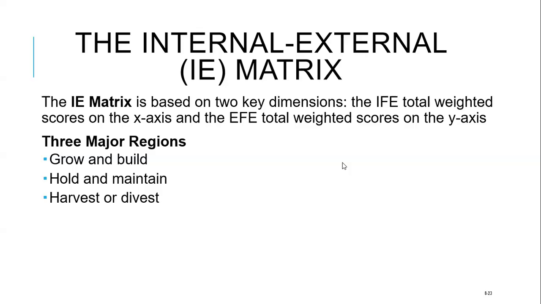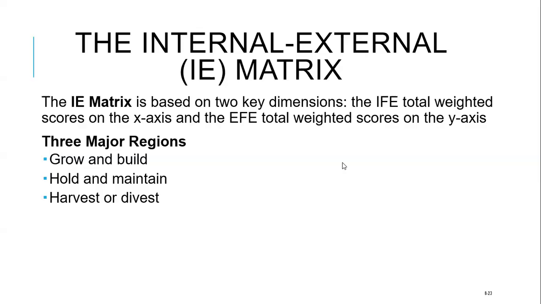So if you are labeled under the grow or build region, it means that your scores for internal factor evaluation and external factor evaluation are all favorable, indicating your strengths and weaknesses are well checked, and opportunities and threats are also well targeted. And the expectation is for the organization to focus on specific strategies that can help them expand or grow.